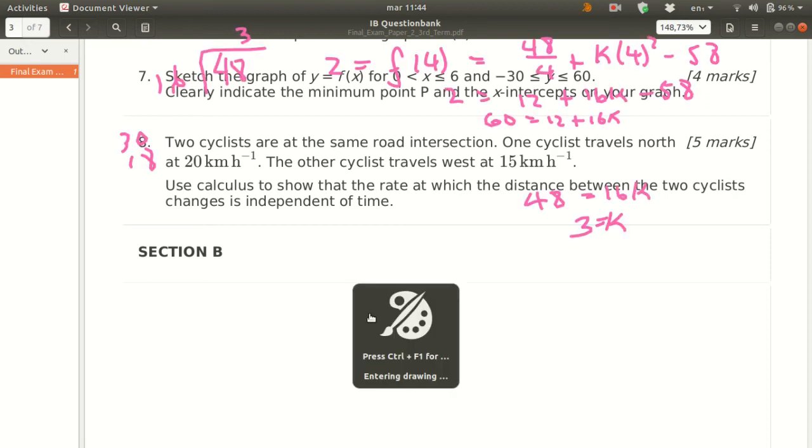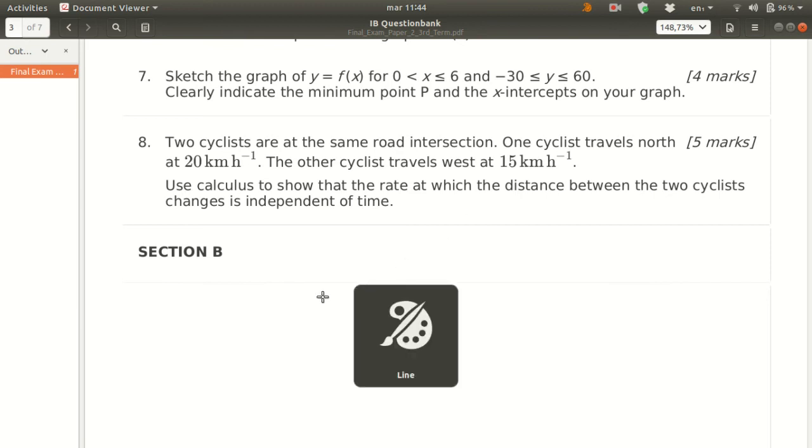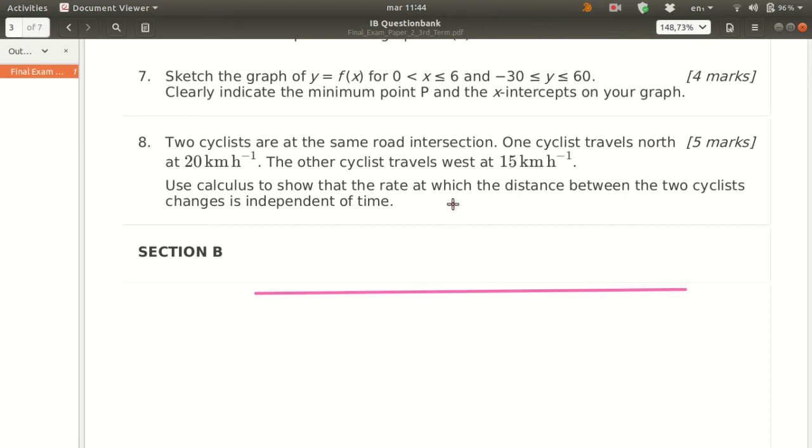Now, I gotta be honest with you, this is a hard question, all right? Because it's not obvious what they're talking about. So there's an intersection. The two cyclists are at the origin, at the intersection. One of them travels north at 20 kilometers per hour.